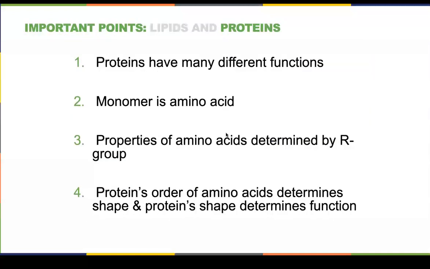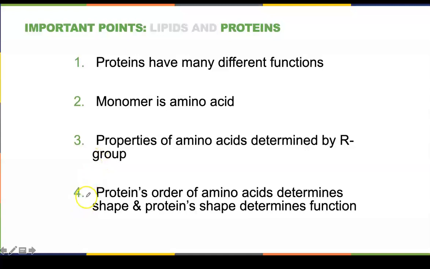And that is the end of our general discussion of proteins. We will of course discuss them more throughout the semester. Let's go over just some summary points that are important to remember. First, proteins have a whole host of different functions, and we enumerated several of those at the start of this lecture. Second, the monomer of proteins is the amino acid, and different amino acids have different properties because they have the variable group or the R group that may be polar, nonpolar, have a charge, or have a ring.